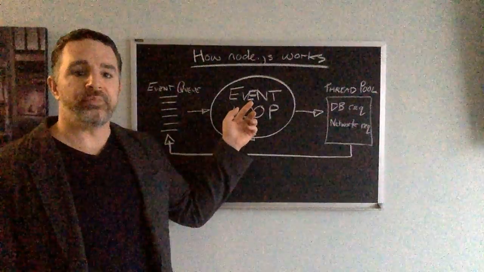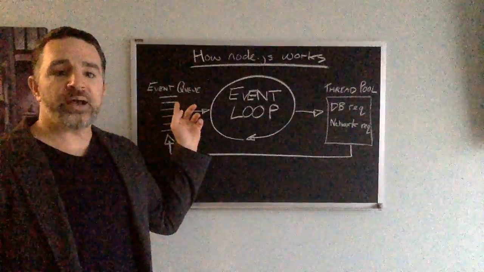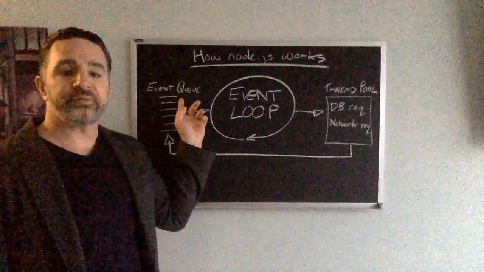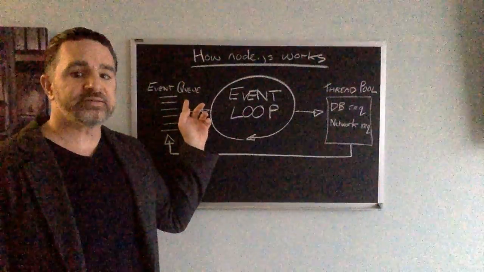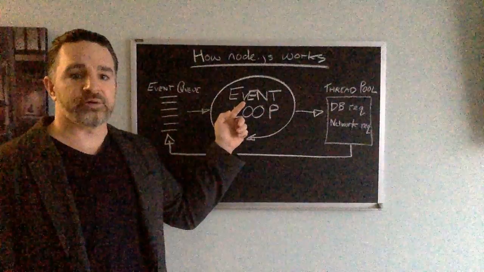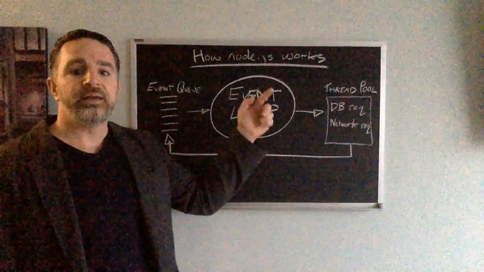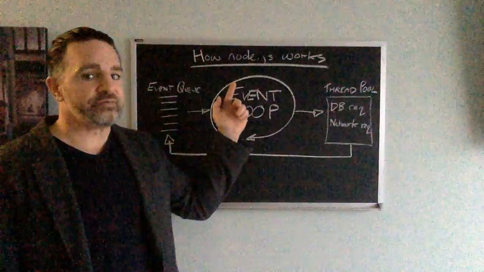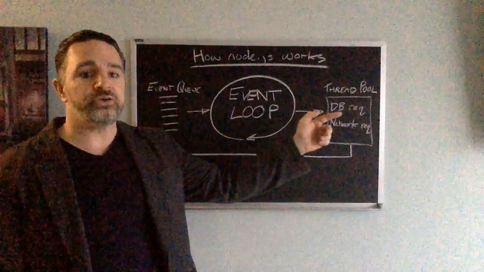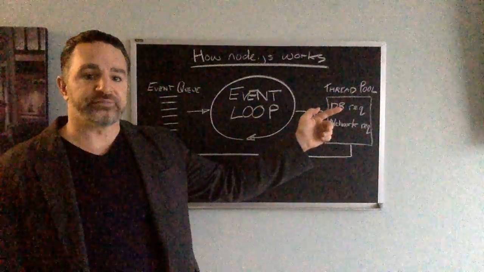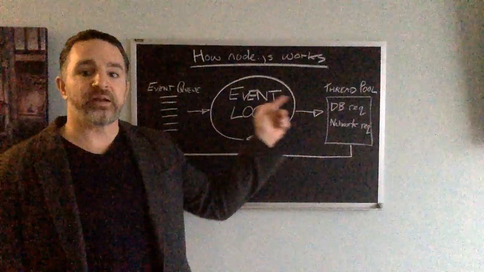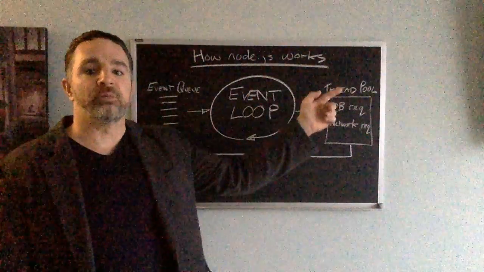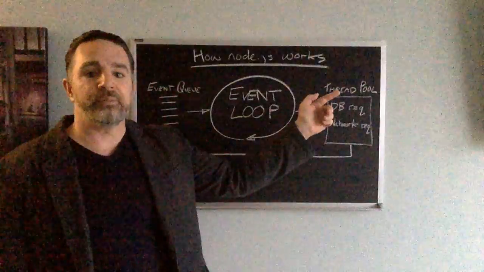So here, the event could be a request from the client to say, I want to do a database request. So again, JavaScript now on the server isn't going to go and do the database request itself. It's going to pass that off to a separate, what we call thread within the thread pool.